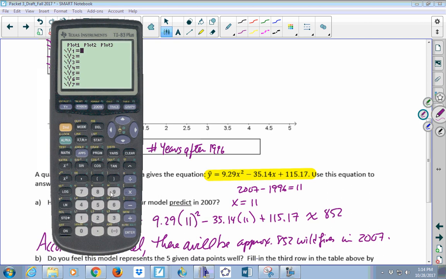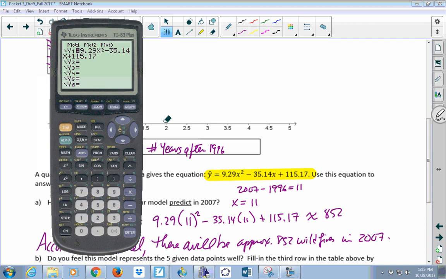So let's see, 9.29 times x squared, oops, no, minus 35.14 times x, and then add 115.17.